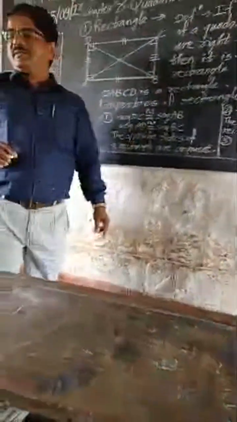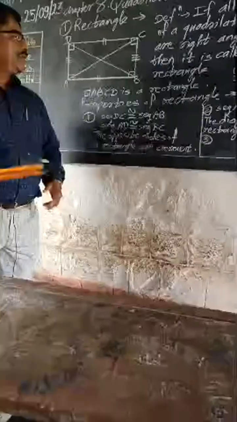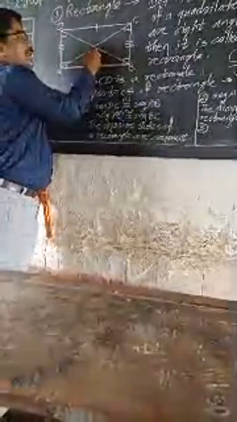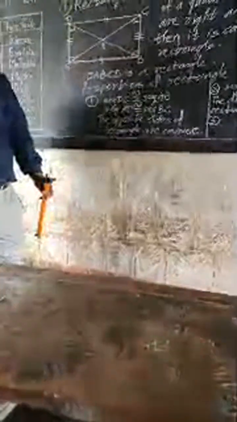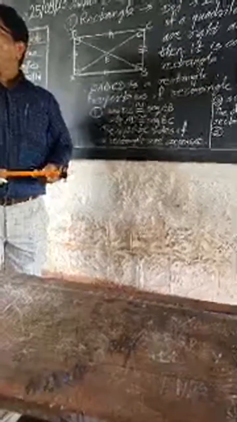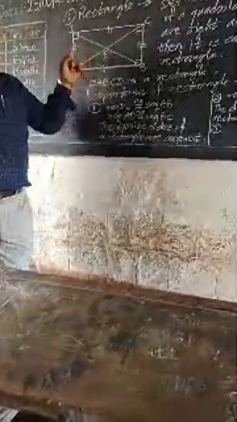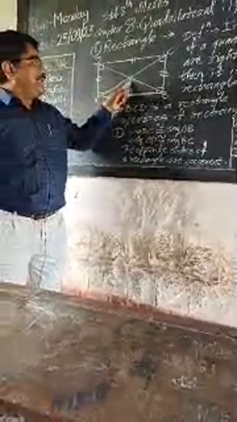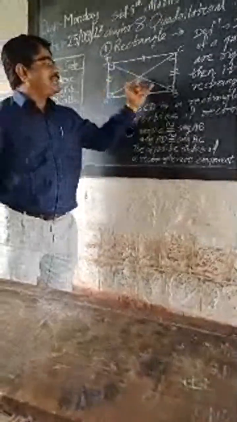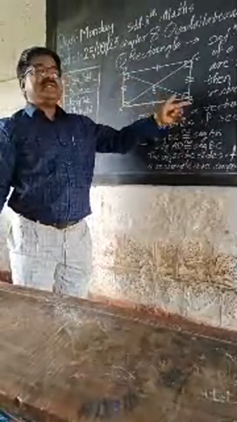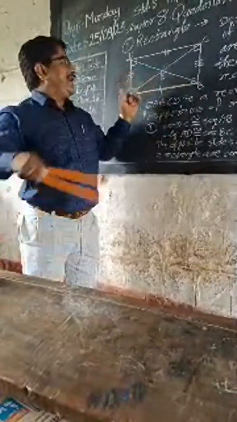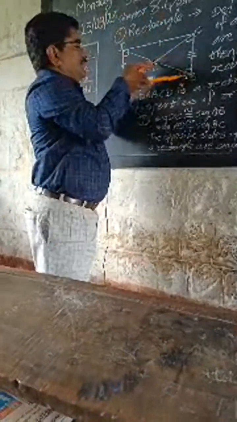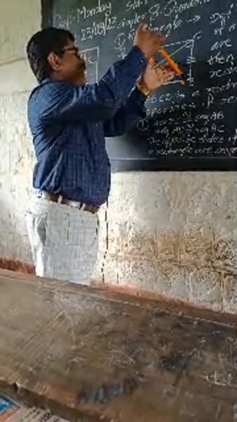And third property is: here both diagonals intersect in a point. Which point? Both diagonals intersect in which point? Point E. Point E made how many parts for diagonal DB? Two parts. What do we say about both parts?